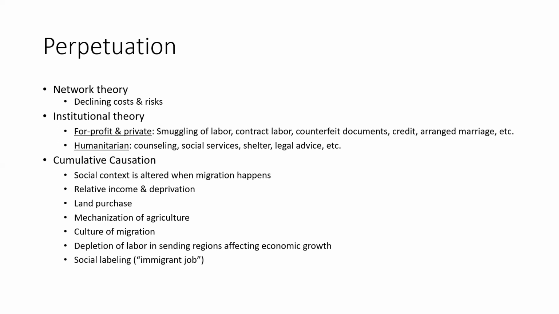And the institutional theory focuses on the role of for-profit and private organizations in perpetuating the migration flow. And some of these organizations focus on something illegal or outrageous, like human trafficking or smuggling of labor.